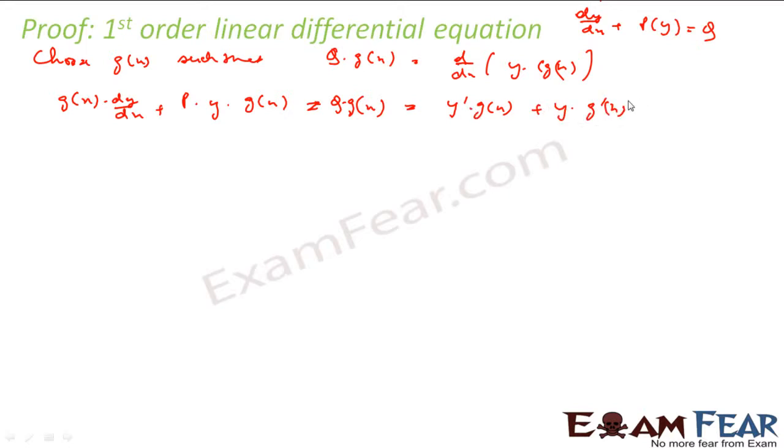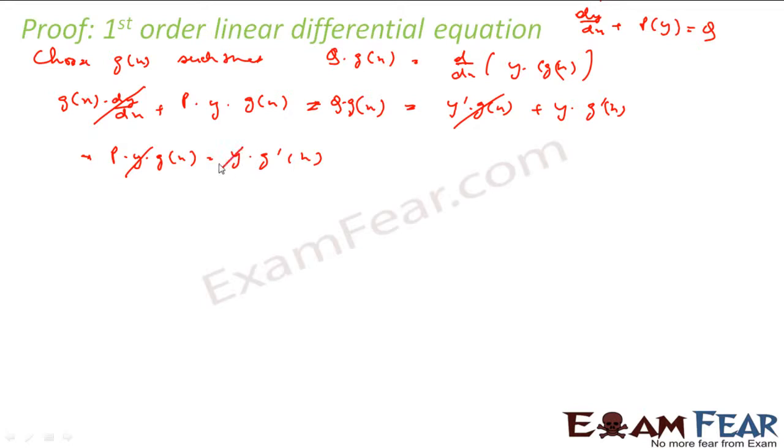Correct? So this guy is y dash g(x), this guy is y dash g(x), cancel. So what I have till now is P into y into g(x) is equal to y into g dash x.